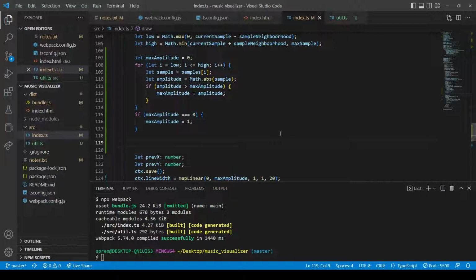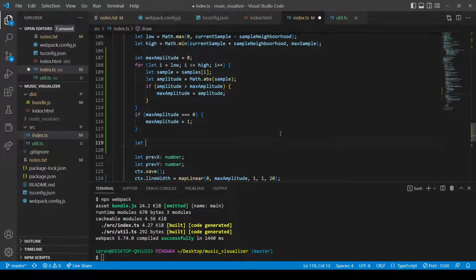So my frequency is going to be something in units of samples, I think. It's going to be like a wavelength.